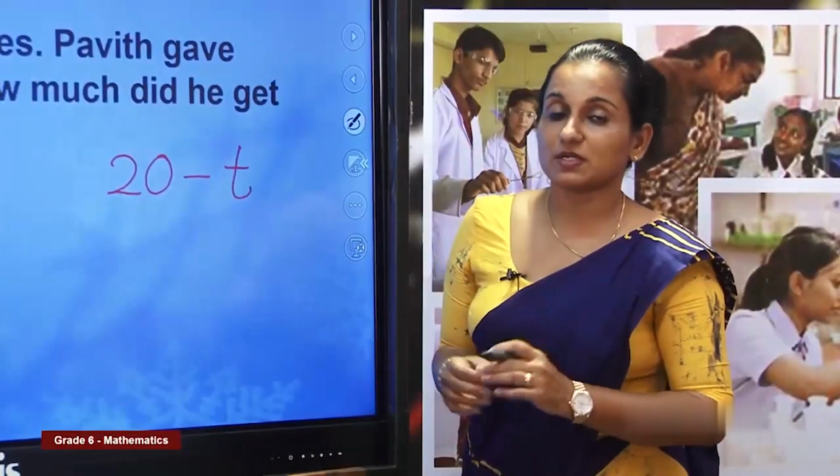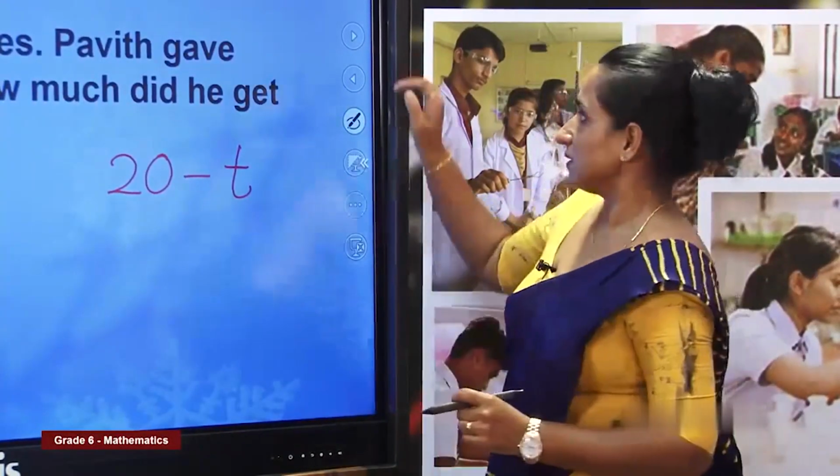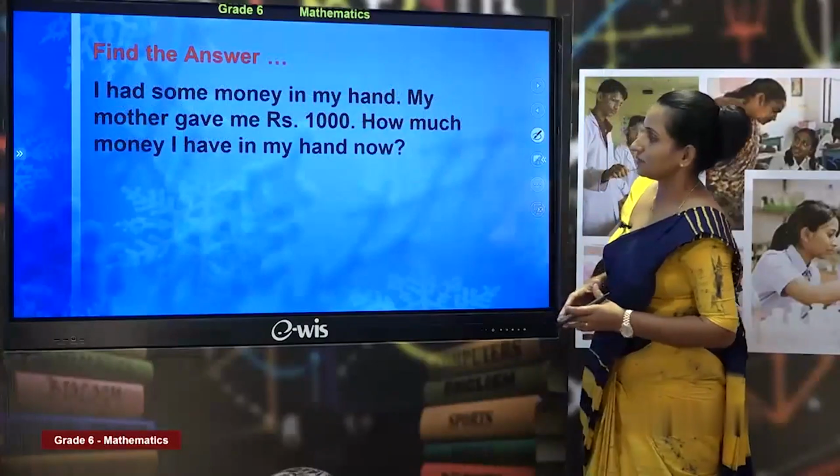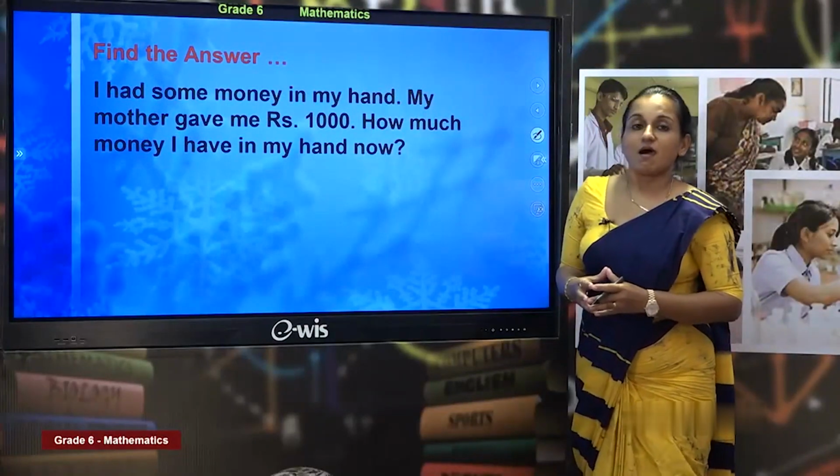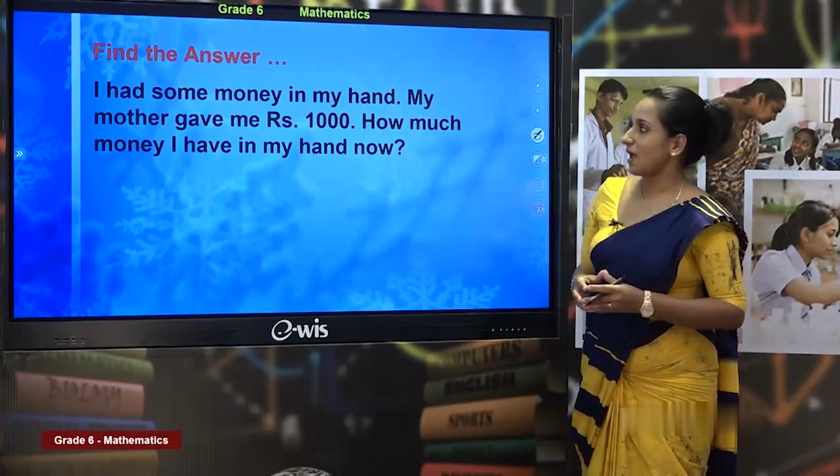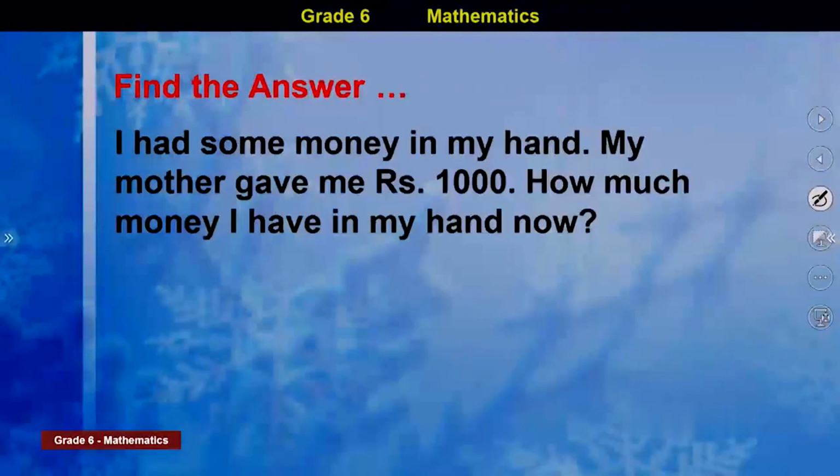Shall we move to another sentence question? I had some money in my hand. My mother gave me 1,000 rupees. How much money do I have in my hand now? Can you see the amount of money is not given here? Then we have to use an algebraic symbol for that.